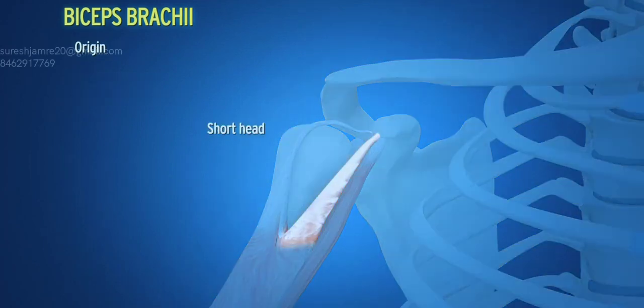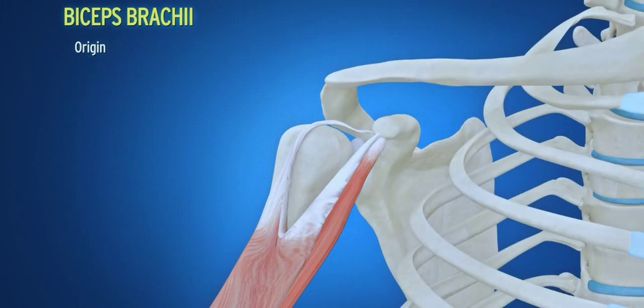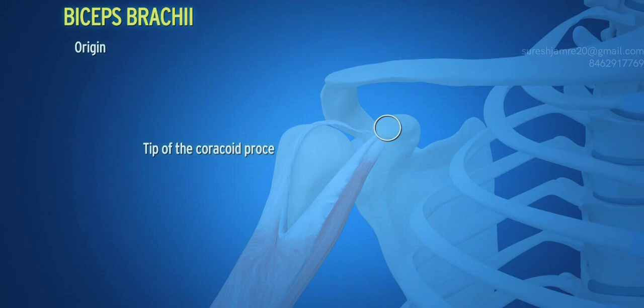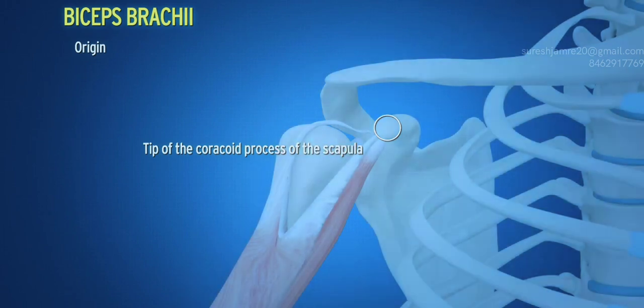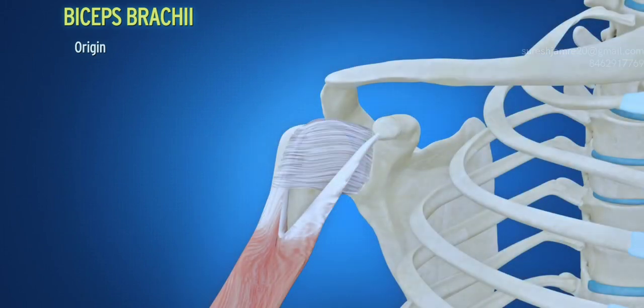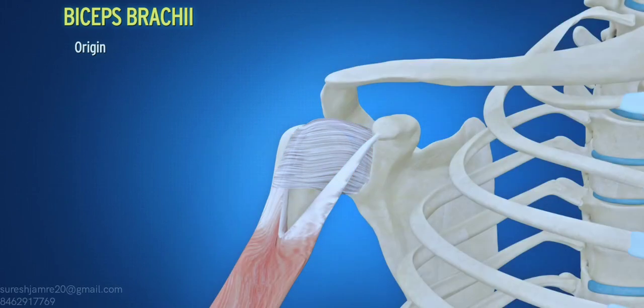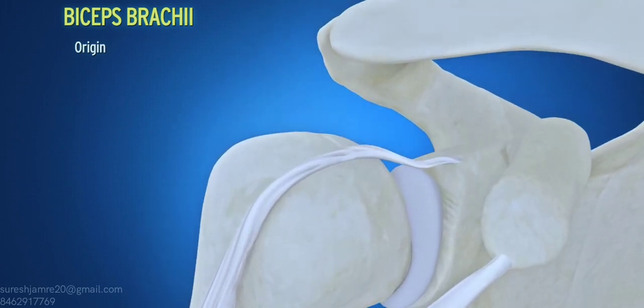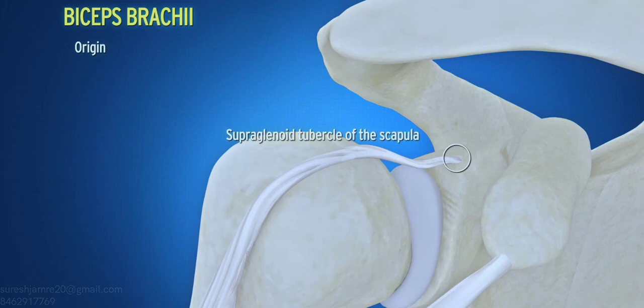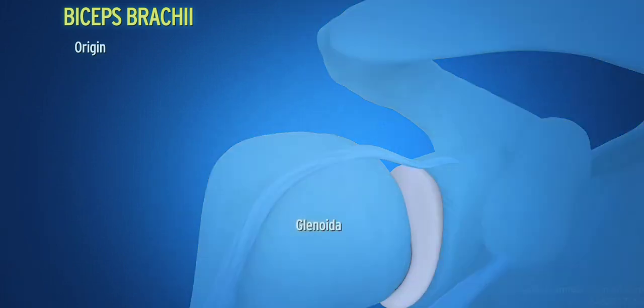The short head arises along with coracobrachialis from the tip of the coracoid process of the scapula. The speciality of origin of long head is it is intracapsular in nature. It arises from the supraglenoid tubercle of the scapula and from the glenoidal labrum.